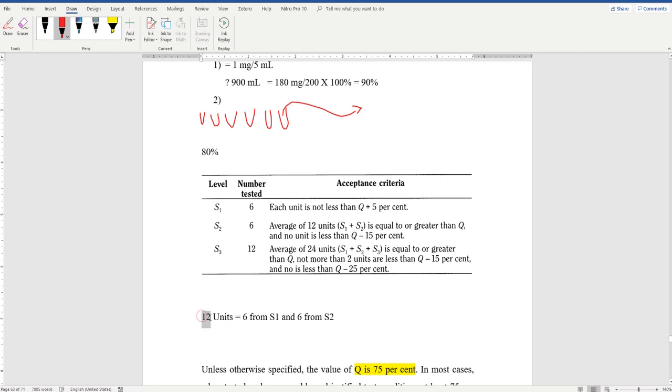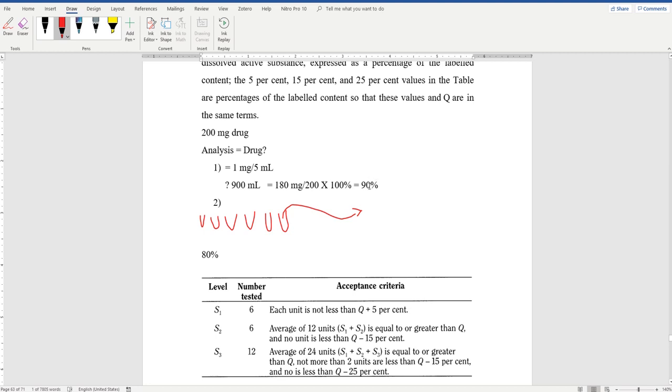Now for the 12 units you have 12 percentage readings: 90, 85, etc. Find the average of these percentages. Add 90 plus 85% plus, for example, 75% plus 95%, etc. Sum all the percentages of the 12 units, 6 from the beginning and 6 from stage 2.